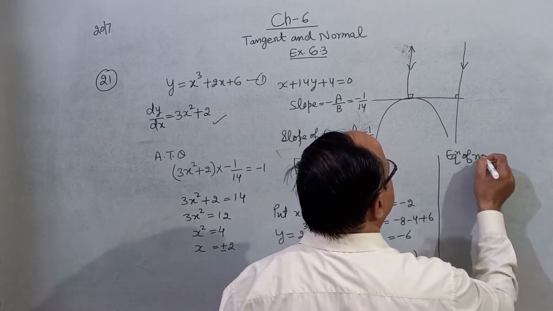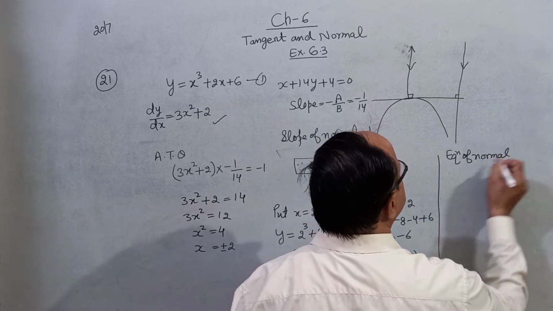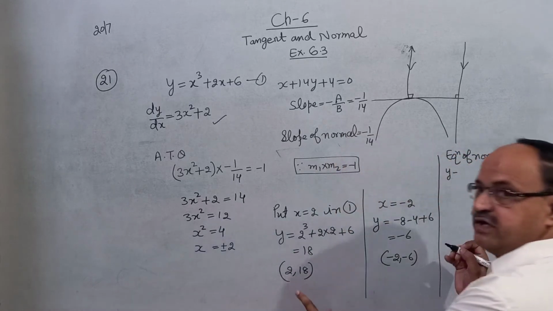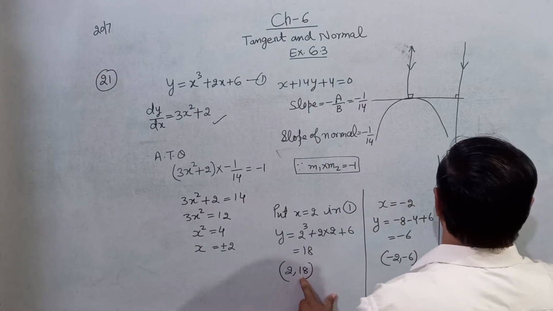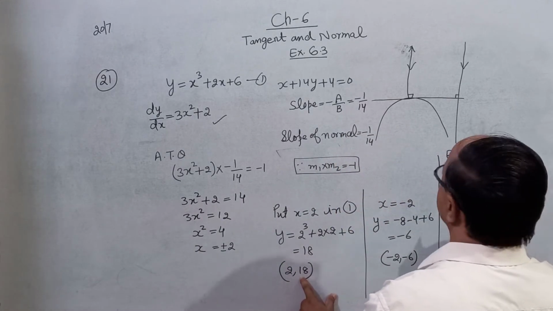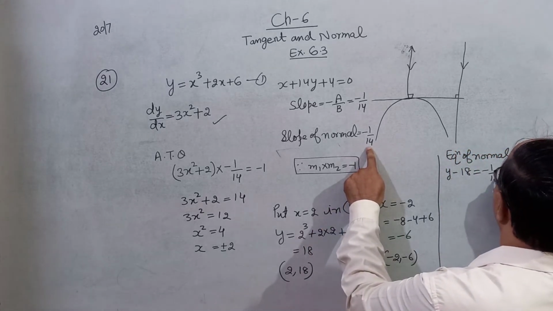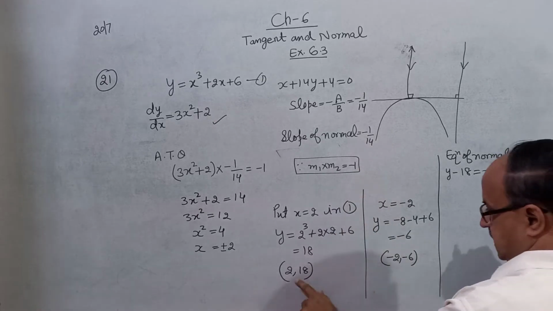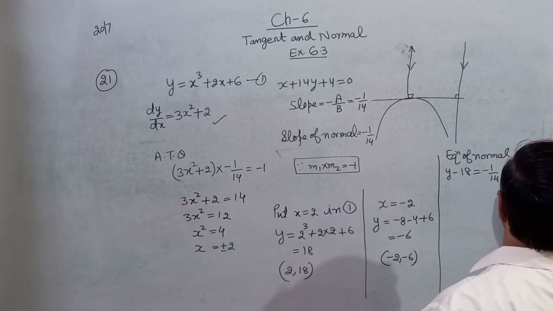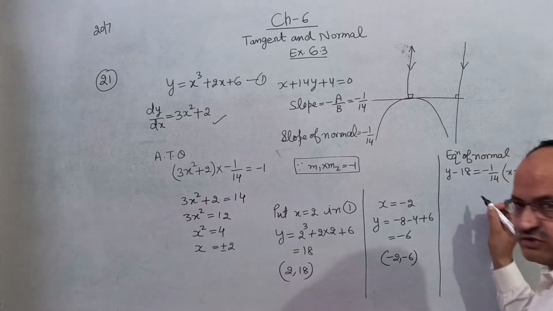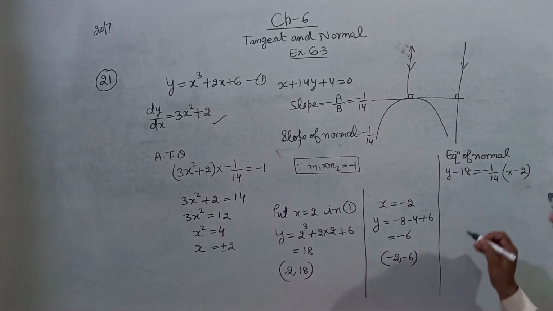Equation of normal: y minus y1 according to this point. Y minus y1 is equal to slope of normal, minus 1 by 14, and x minus x1. Clear? This is the equation of normal, and further you can simplify.